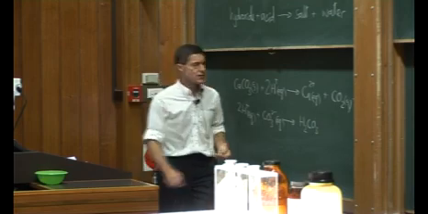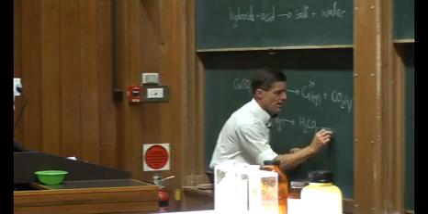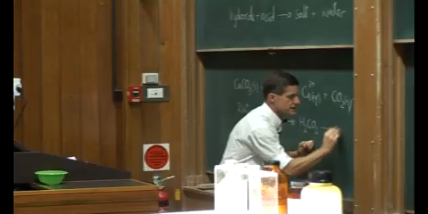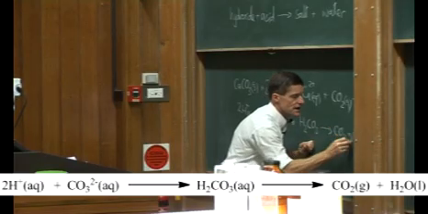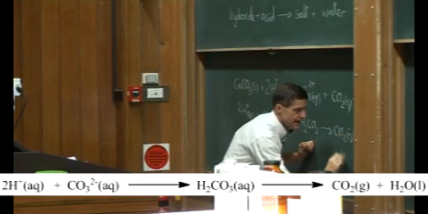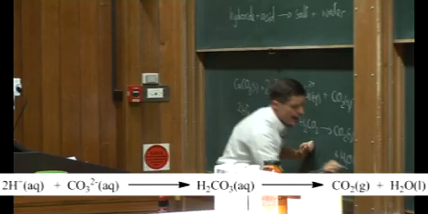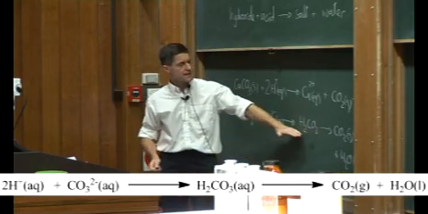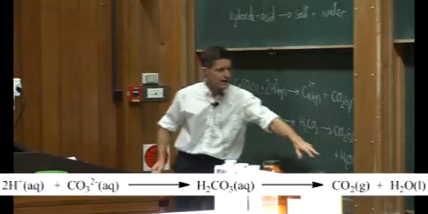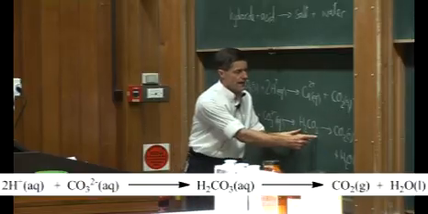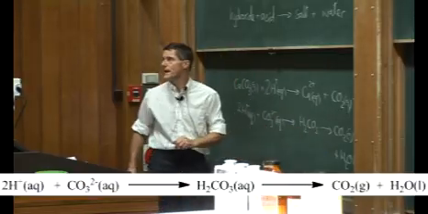However, that's not particularly stable and decomposes into carbon dioxide and water. And if I look at what atoms are involved, I can see that I get H2O and CO2 from that.